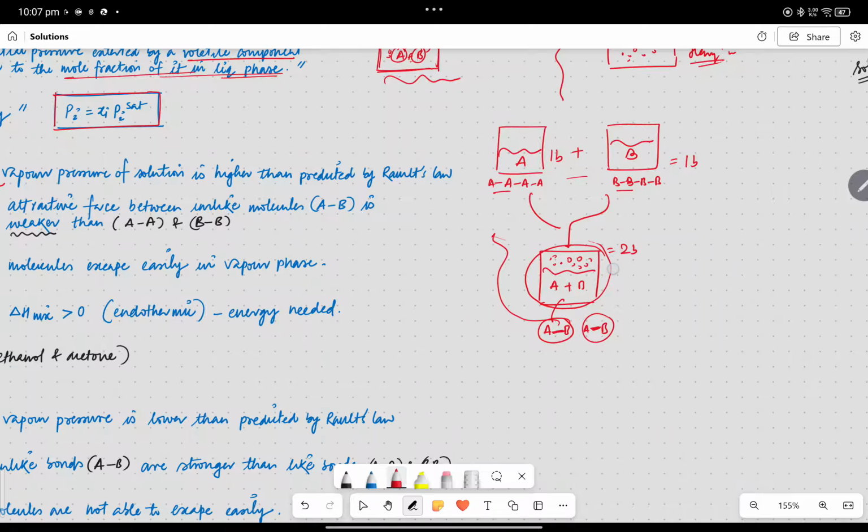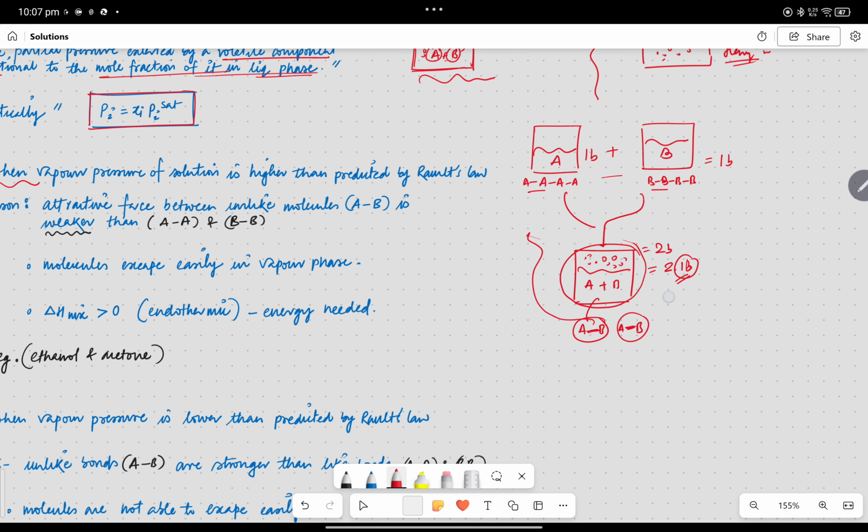But we have seen that in positive deviation it becomes 2.1 bar. So why has this pressure increased? Because in positive deviation, they have formed a weaker AB bond than AA and BB. That means the molecules will easily vaporize into the gaseous phase, which increases the pressure more than the calculation. So that is the case.